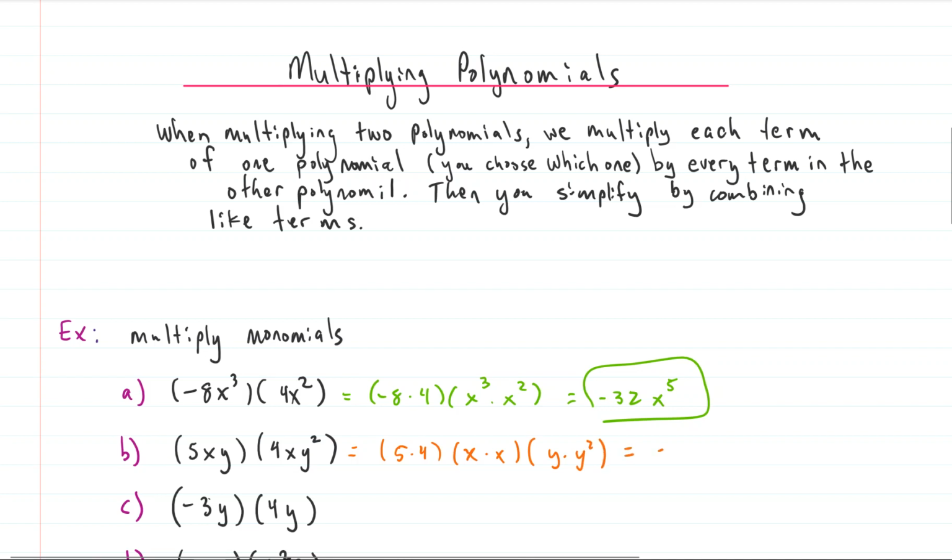So this gives us 20x squared, because they both have a 1 as their exponent. And y times y squared is y to the 1 plus 2, which is 3. So we had 5xy times 4xy squared, and the answer is 20x squared y cubed.